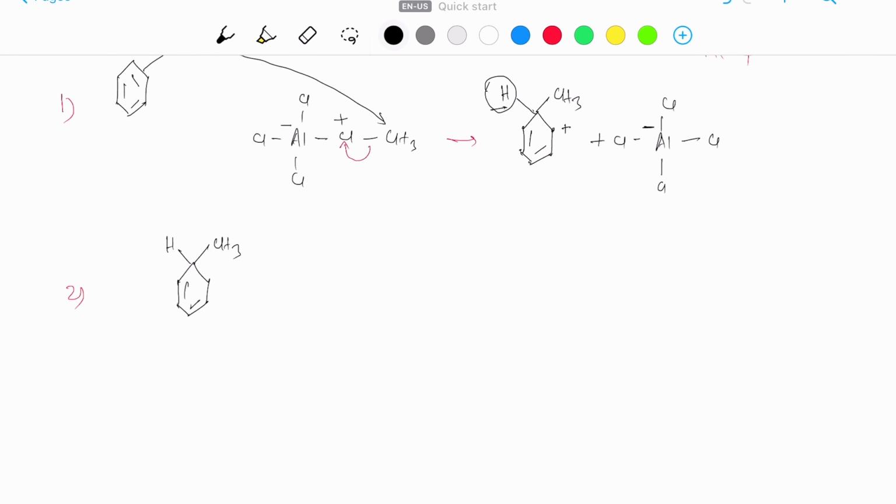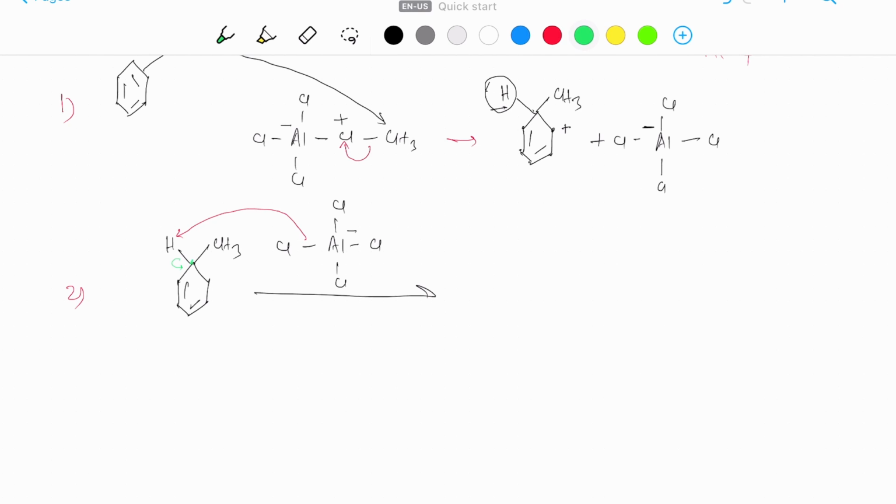And let's say we have this aluminum tetrachloride, and the electrons from this bond will try to take away this hydrogen, and the bond between this hydrogen and the benzene ring, or this carbon, will break, and the electrons will be left within the benzene ring to reform the double bond.